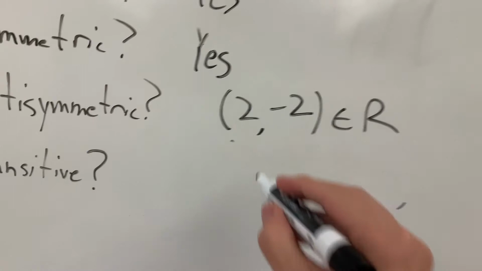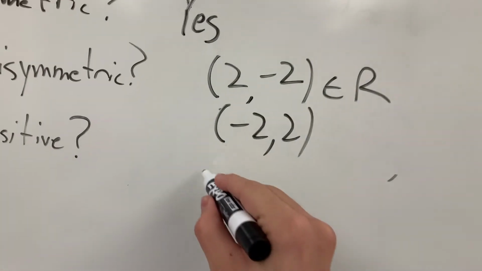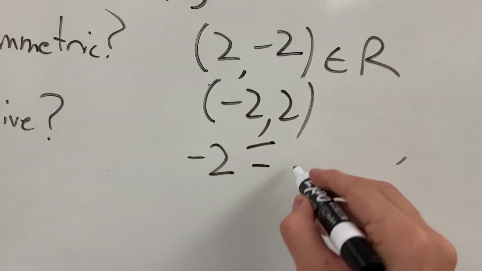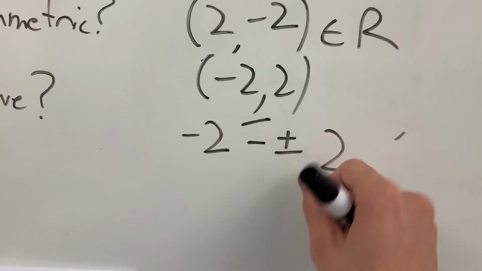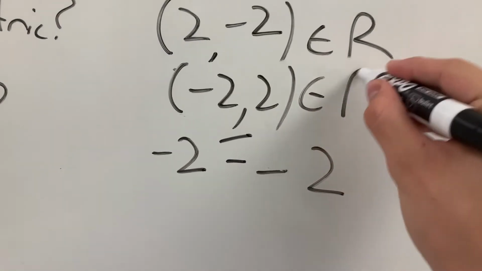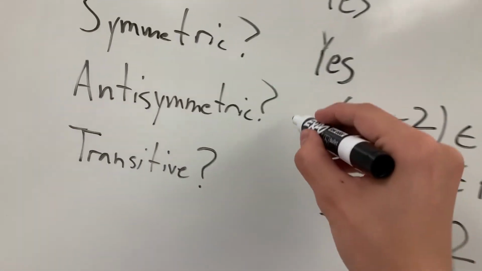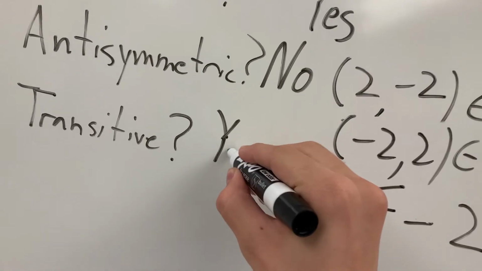But if we reverse this, negative 2 comma 2, is this in the relation? Negative 2 is equal to plus or minus 2. Again, we take the negative rather than the positive. The negative 2 is equal to 2, which holds, and therefore the reverse also is in the relation. So it is not anti-symmetric, and it is transitive.